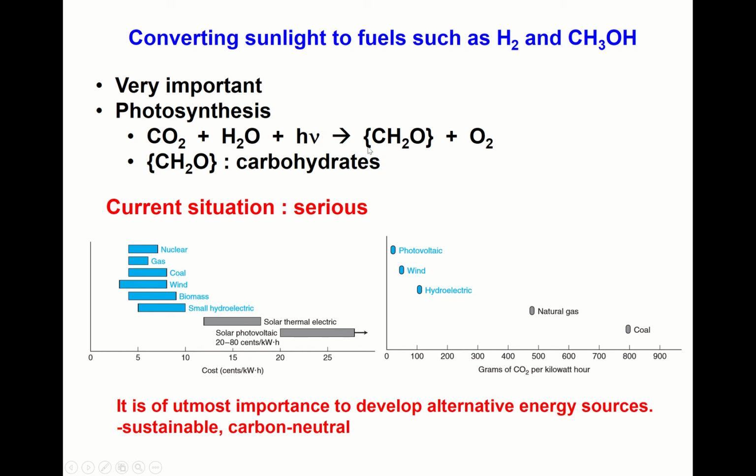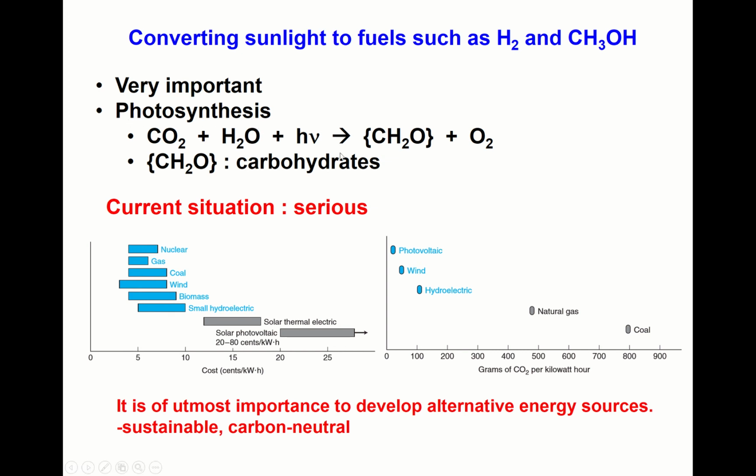Okay, this is a representative expression for carbohydrates, and this process also produces oxygen as a byproduct. Yeah? So we have oxygen in air. Okay, that oxygen is produced mostly by photosynthesis.